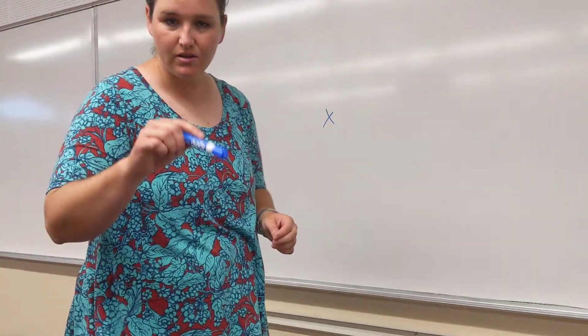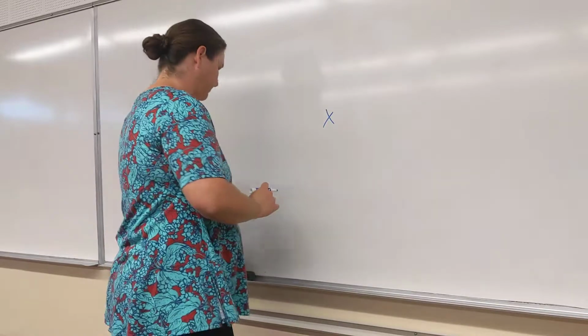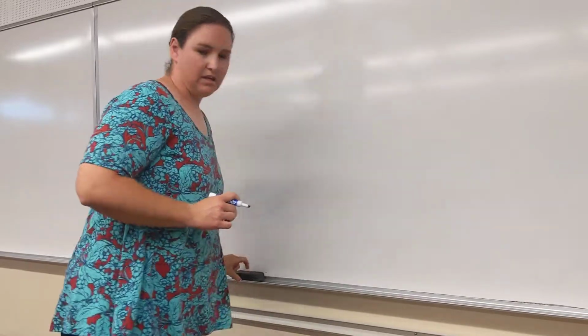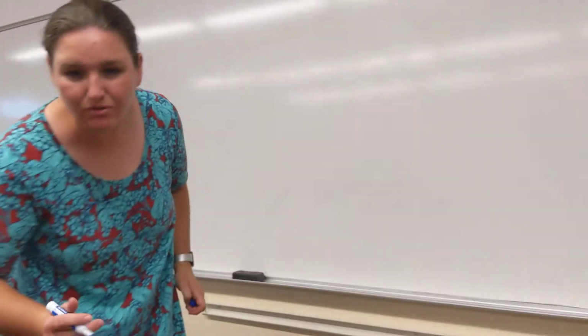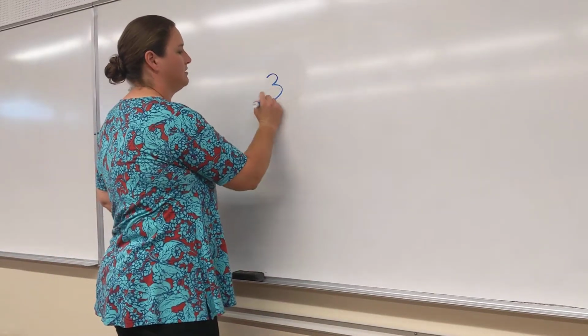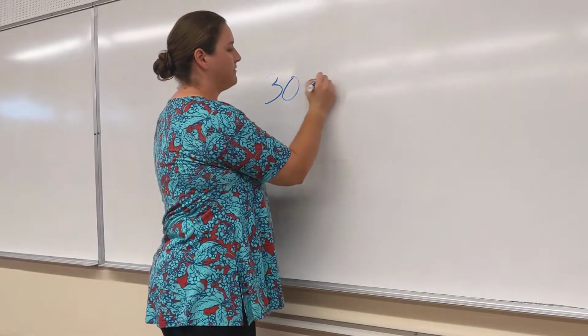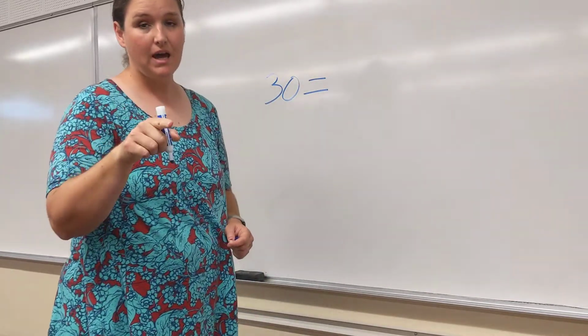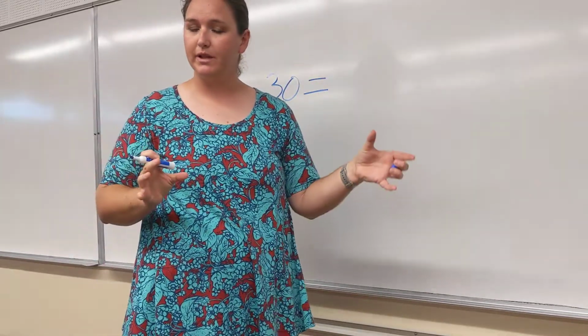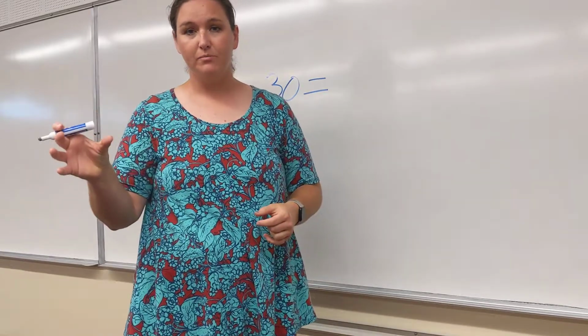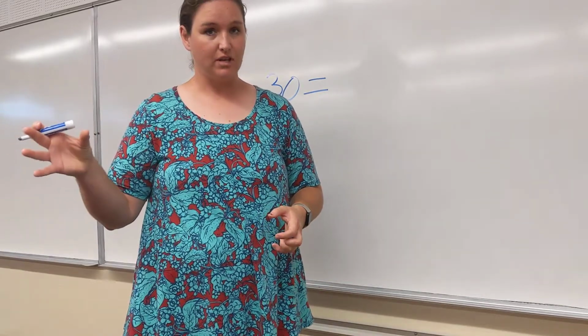Now, if you count all of the coins, it adds up to 30. So there's 30 on the one side, and then we have equals, because both players, you have one player with 30, and then the other player is supposed to have 30, right?